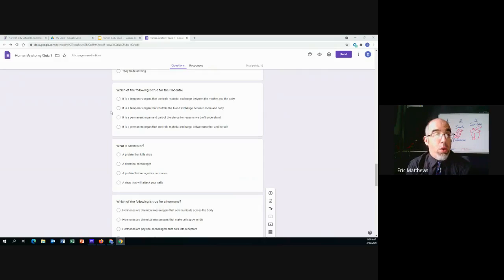It is a permanent organ that controls material exchange between the mother and herself. So which of the following is true for the placenta? A temporary organ that controls material exchange between mother and baby, a temporary organ that controls blood exchange between mom and baby, a permanent organ and part of the uterus for reasons we don't understand, or a permanent organ that controls material exchange between the mother and herself.